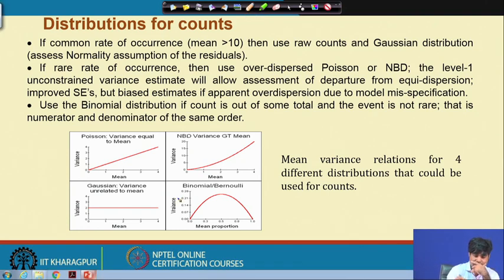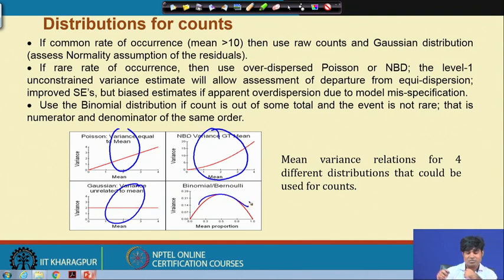If you look at the deviations graphically, this is the Poisson case where mean and variance are equal, and this is the negative binomial distribution where variance is greater than mean. Beyond the Poisson and negative binomial distributions, we have a concept called the Gaussian distribution, where variance is unrelated to the mean. That's the case. And then we have the binomial, where the mean and variance proportionately converge towards a similar kind of structure.